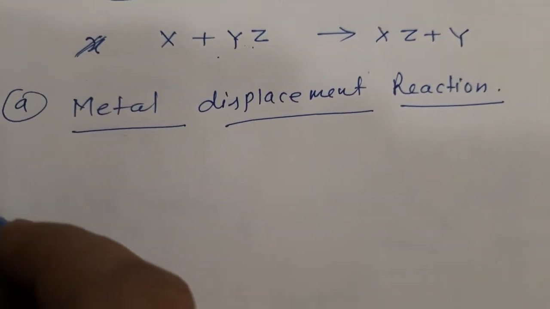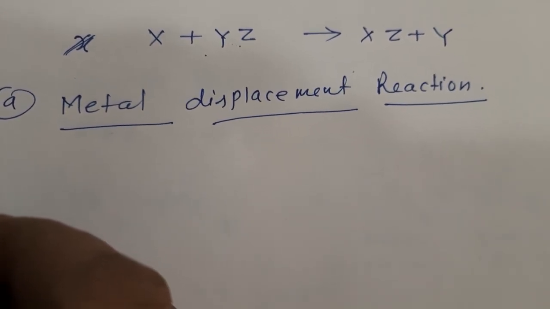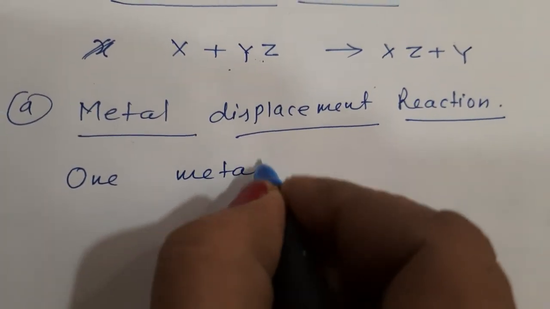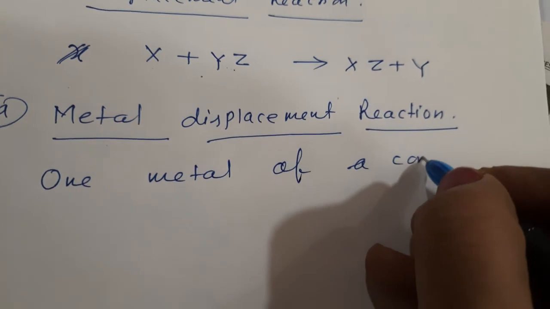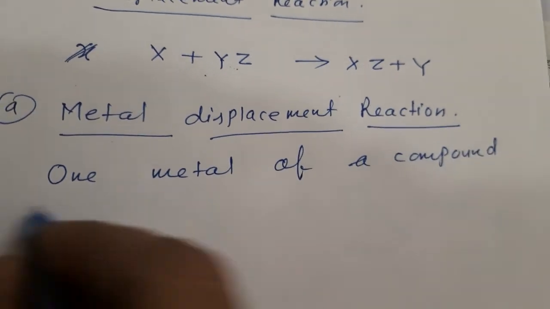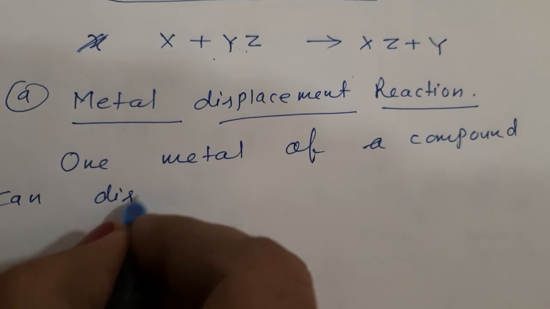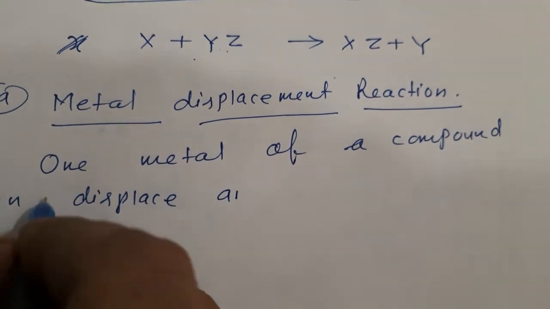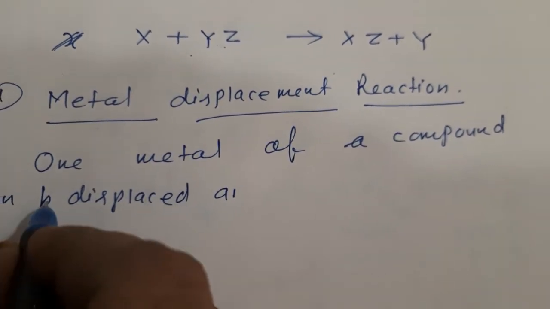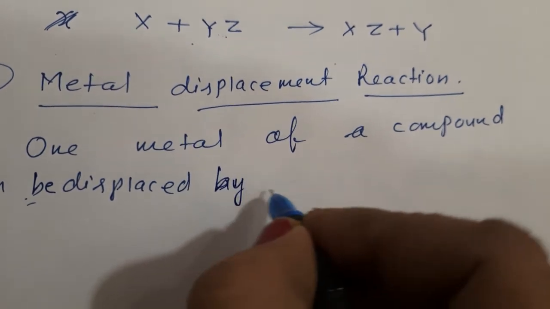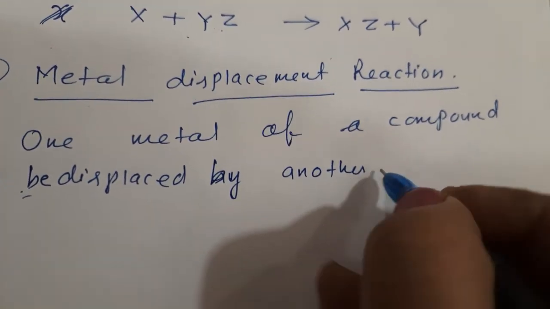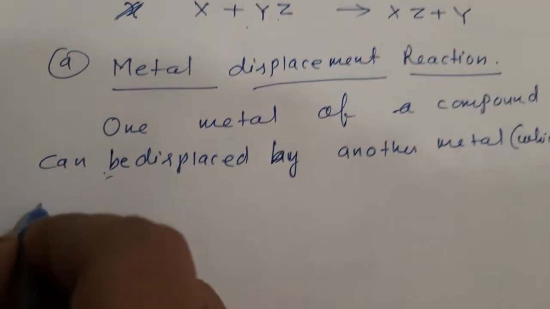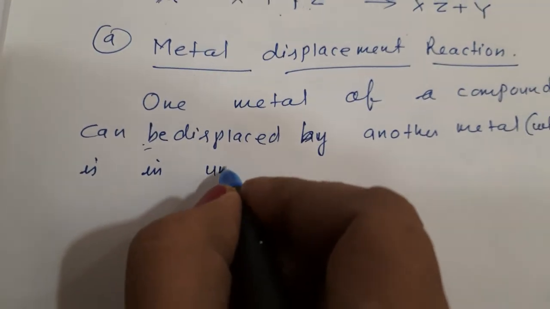So in this, a metal in a compound can be displaced by another metal in uncombined state. One metal of a compound can be displaced by another metal which is in uncombined state.